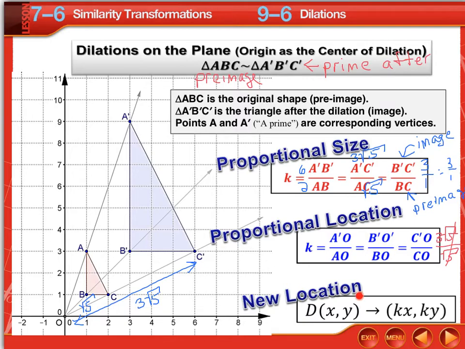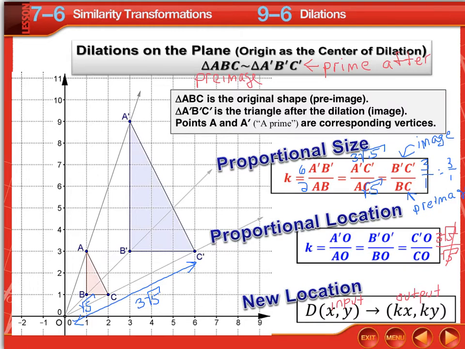If you look down here, if we have the origin as the center of dilation, it makes it very convenient to find the new locations of the image. And I've got D here for dilation, and this XY is really a placeholder for the input. You can look at this as the input to a dilation, or the pre-image, and this arrow says do the transformation, in this case a dilation, and the output locations, or the image, will be represented as such here.